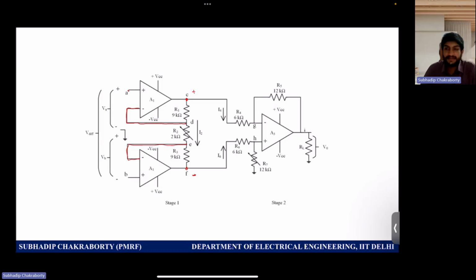This is happening, this feedback loop is working to bring down the output voltage and equalize it with the input, only because of the negative feedback.